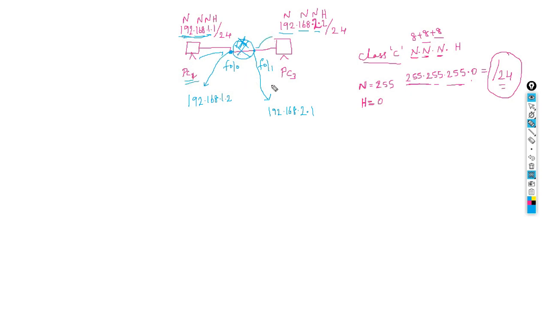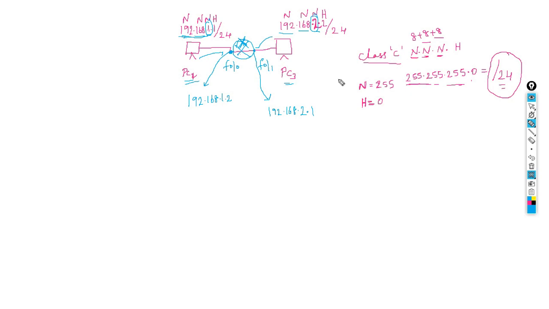These two PCs before could not communicate because they were in different subnets. So we use a router to make communication between different subnets. So first point: a router is a device which is used to make the communication between two different networks.